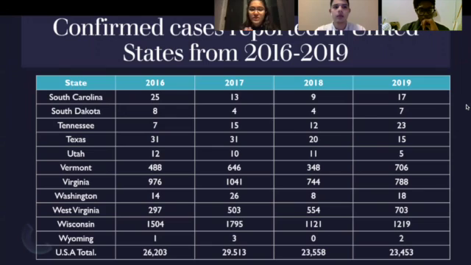And in total, looking at the bottom of the chart for each year, we see that 2017 was the highest, and then 2016 followed right after in confirmed total cases.